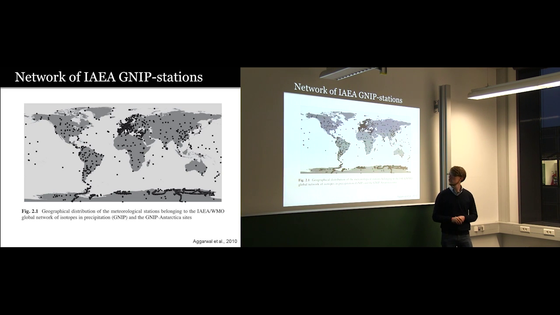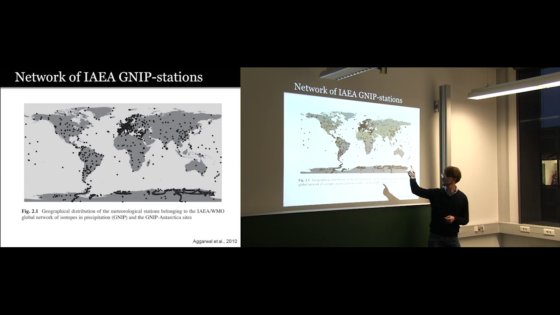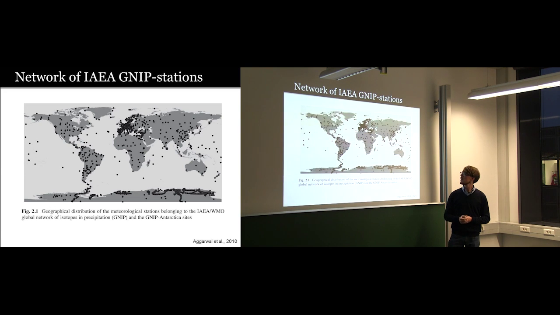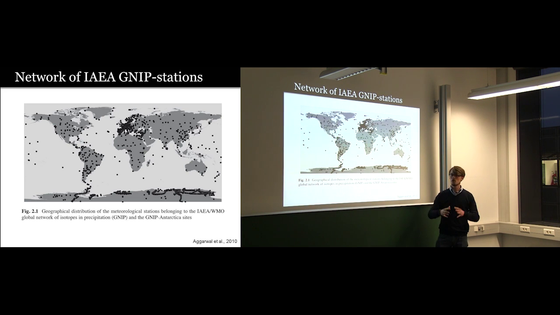So this network was then expanded quite a lot, and today this is the modern distribution of GNIP stations worldwide. The headquarters where all these GNIP stations are coordinated is located in Vienna. There, all this information from worldwide is combined, and you can access this data through their website.